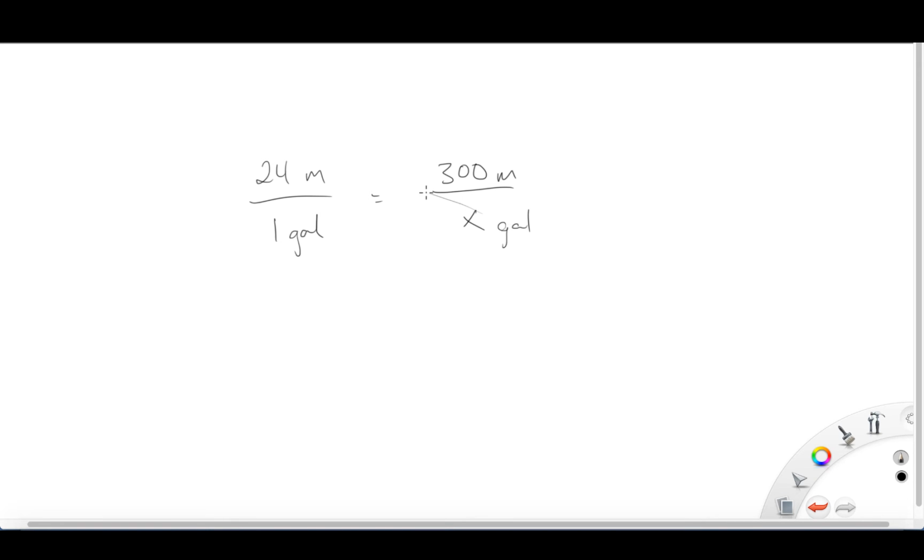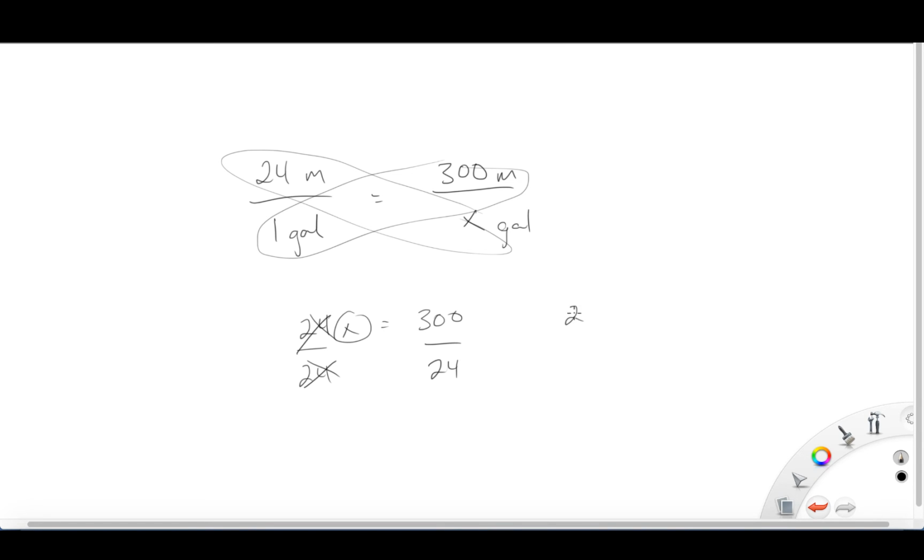Again, we're going to cross multiply here. 24x equals 300, because 1 times 300 is 300. We divide by 24 on both sides because we want to cancel those out and leave x by itself. So x equals this division problem.